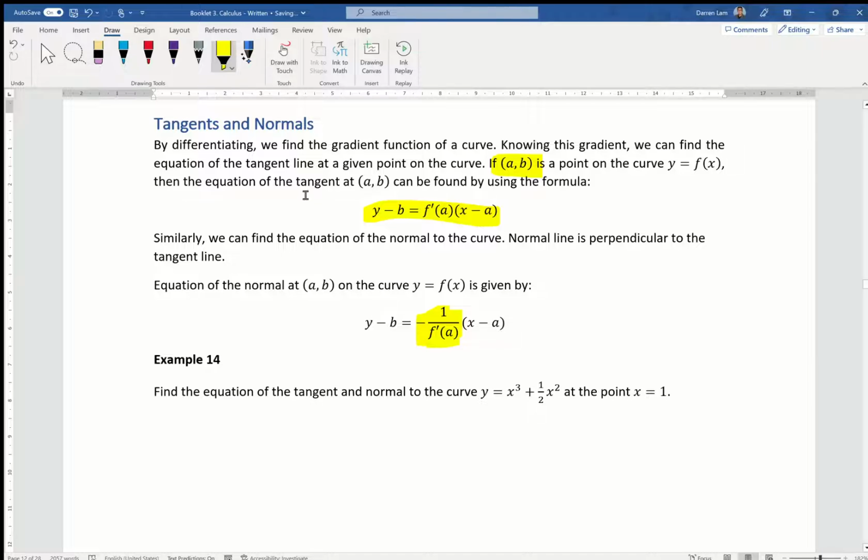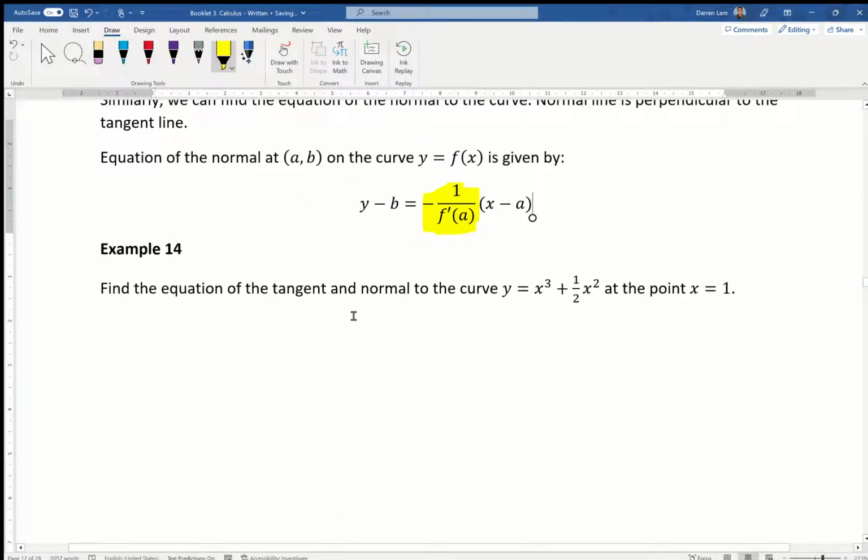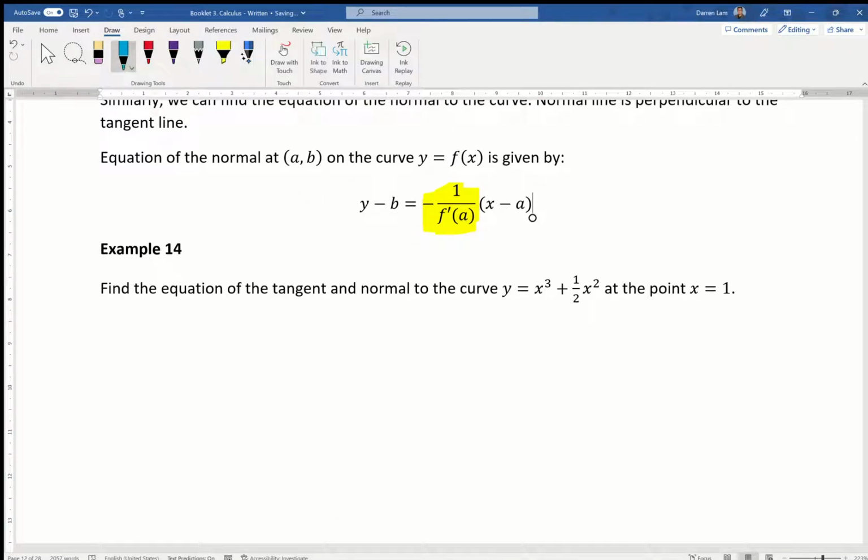Okay, let's get into an example. Find the equation of the tangent and normal to the curve y equals x cubed plus 1/2 x squared at the point x equals 1. I'm going to prioritize finding (a, b) and f dash of x. So in this case, I'm not going to write f dash of x, I'm going to write dy/dx, purely because it says y, not f.